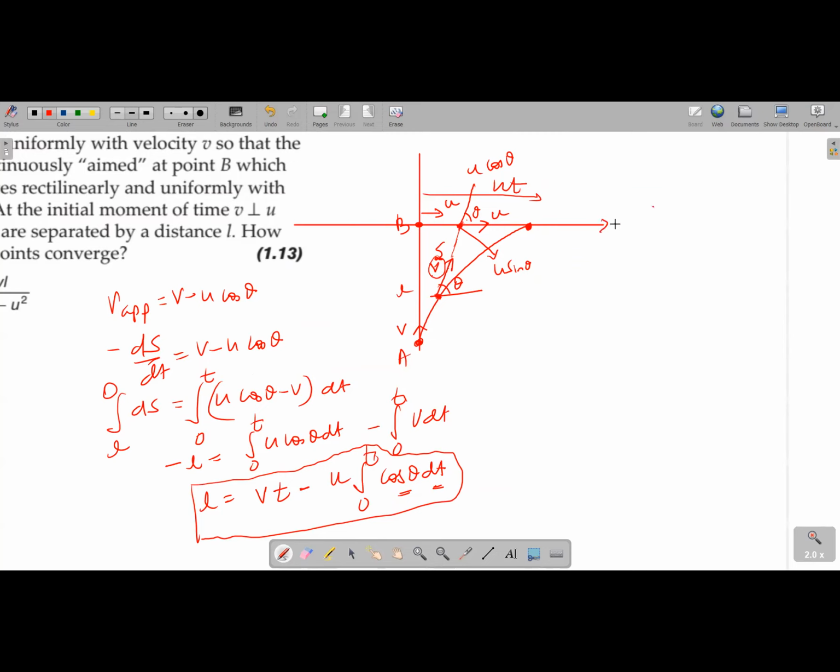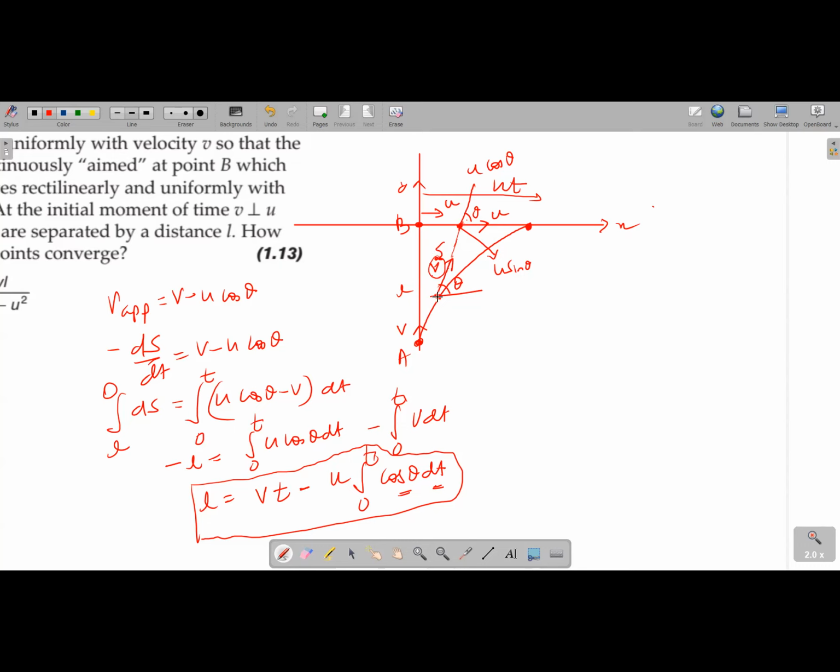If you consider this as x and this as y, then B will have displacement along the x-axis, that is ut, and A is also finally coming from the y-axis to the x-axis. So A will also have displacement along the x-axis equal to ut, but A has a different velocity, so you cannot directly find the displacement of A. You have to find the displacement of A in a very small time dt.